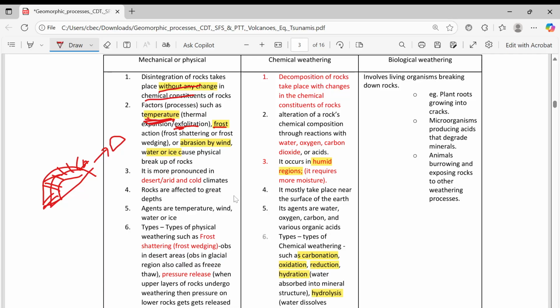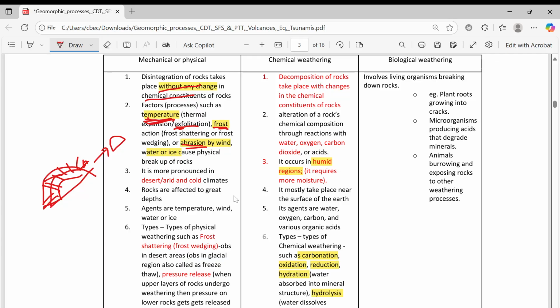Then frost action. As I told, when water goes into the rocks and converts into ice, the volume will increase. This volume will break the rock. Similarly, there is abrasion. Abrasion means you are hitting the surface with something.